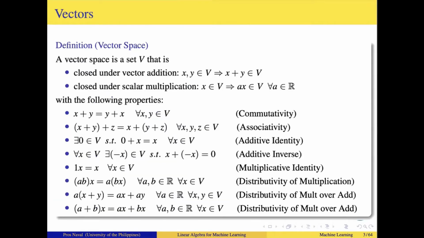Let's start by asking the most basic question. What is a vector? A vector is a mathematical object that has elements arranged in a list or in an array. So in this lecture, we will restrict ourselves only to elements that are real numbers.